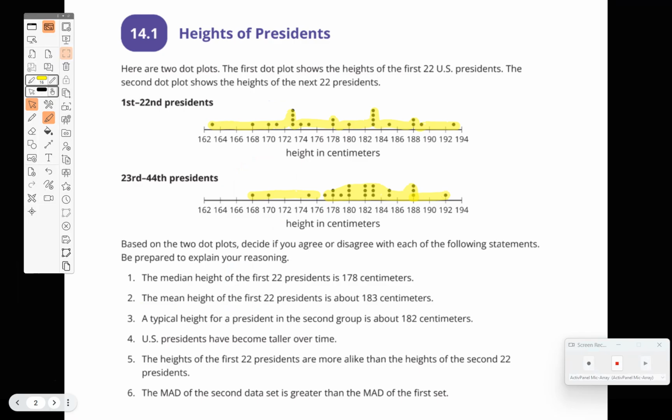The MAD of the second data set is greater than the MAD of the first data set. So we have to review what MAD is, the mean absolute deviation. Just to draw a picture, if we think about our balancing point, our deviation was how far away on average our points were.